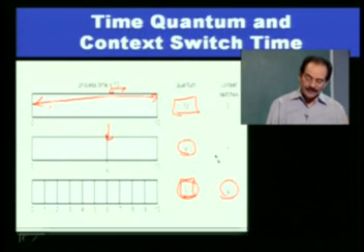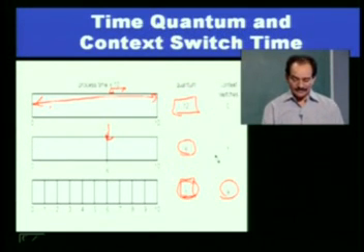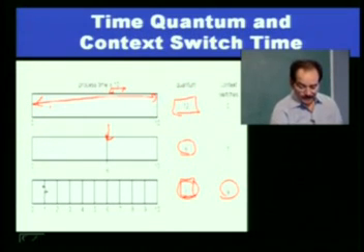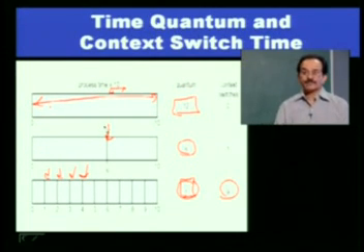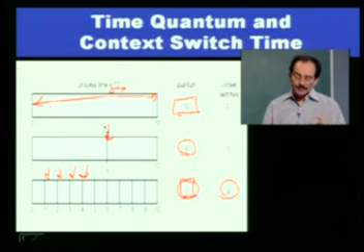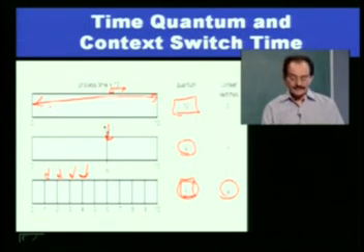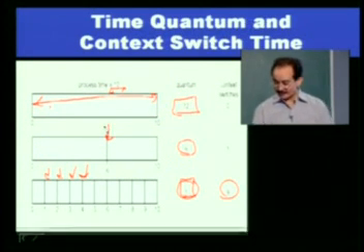What does it imply? That means the overhead on my system will increase. Overhead in the sense that there is a shifting of the jobs from here to here, here to here, everywhere, and at that time my CPU is not doing anything. That is what we call overhead, and the overhead for my system will increase in this case.